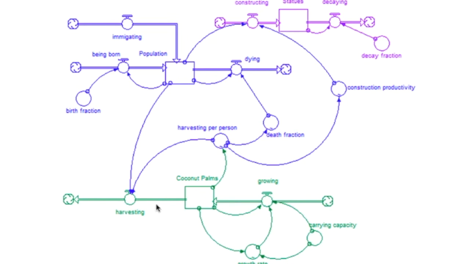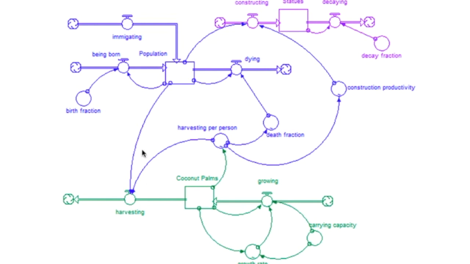We also have interacting behaviors, which means that we will have, as I mentioned to you before, an overshoot and collapse, or any oscillating behavior, but it might be very unlikely if you look at the diagram.